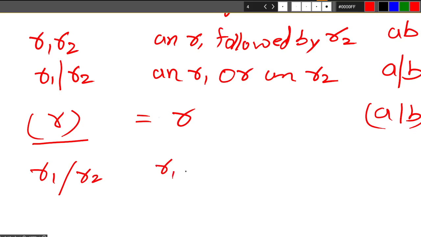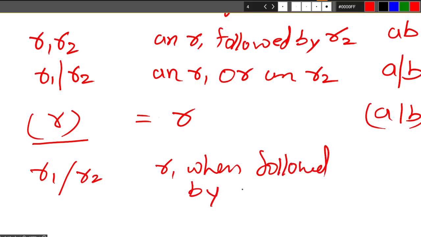R1 when followed by R2. Suppose you want ABC, when after this ABC you have 1, 2 and 3. Like this. So this is a when kind of operation.